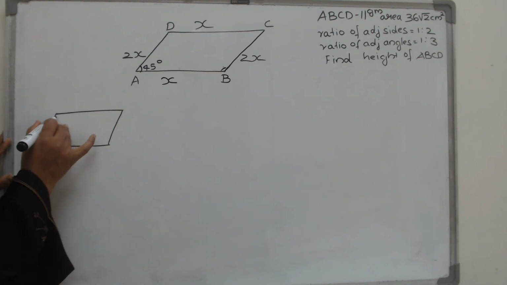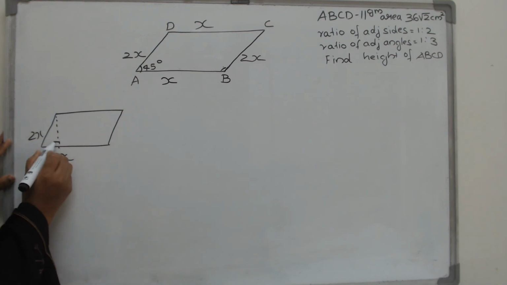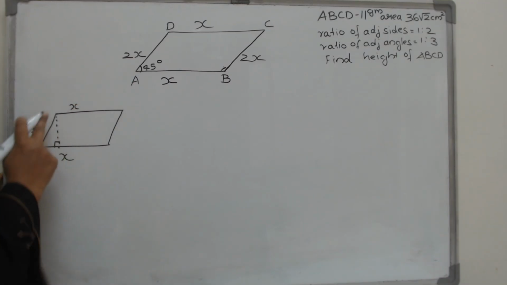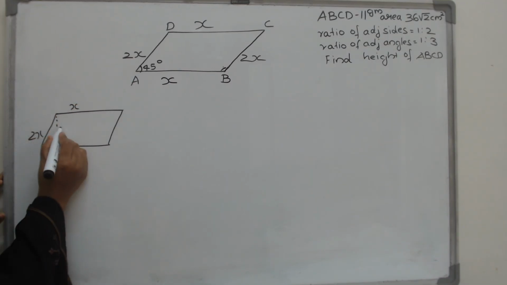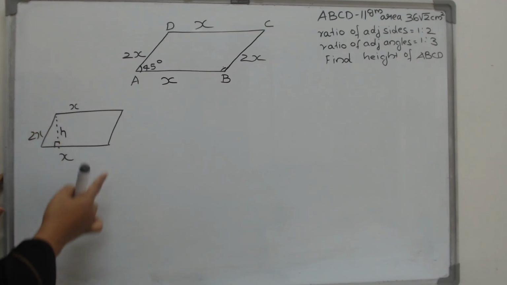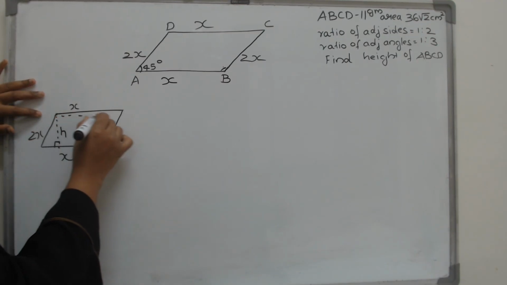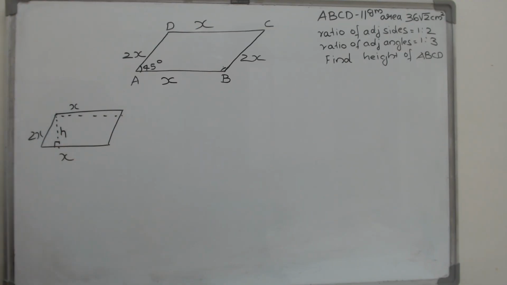It is the shortest distance, or the perpendicular distance, between any pair of opposite sides. So if you take these two sides, the distance between them, if this is h, there will be another height between these two sides also. You have to find that also.